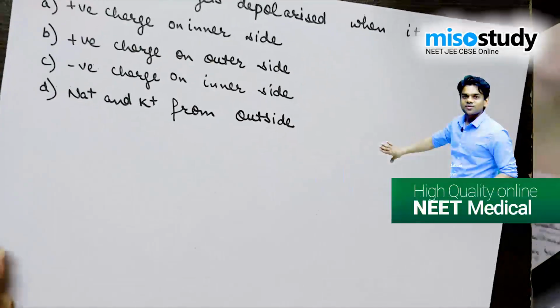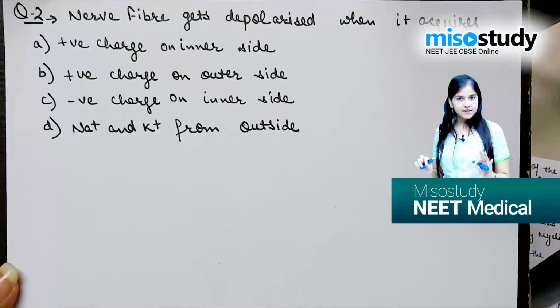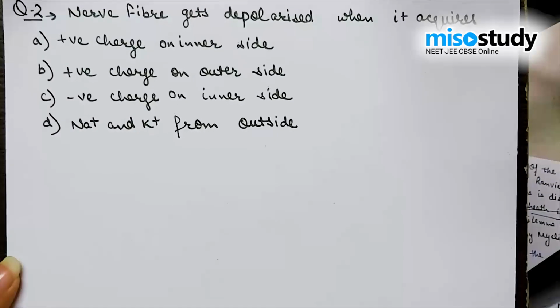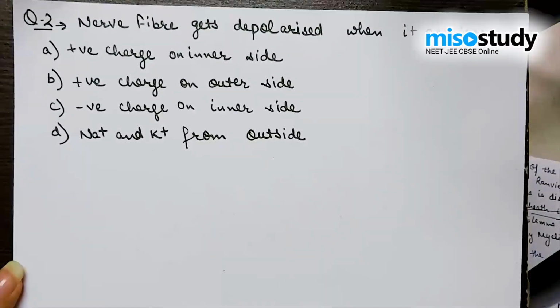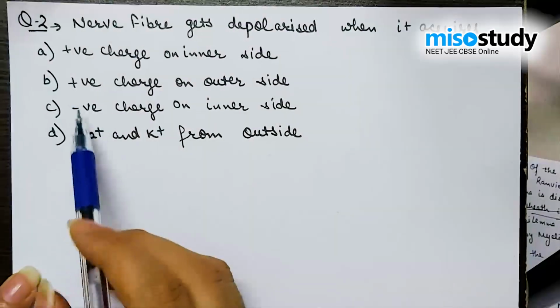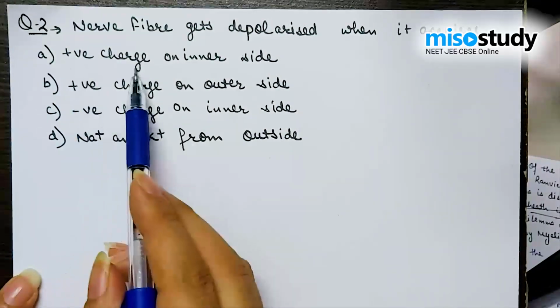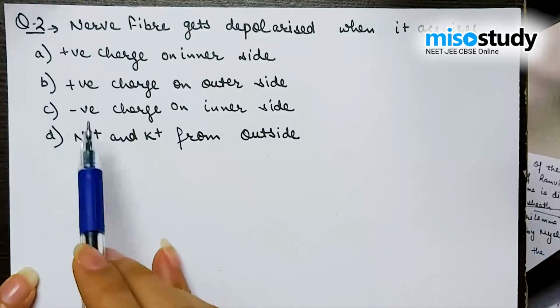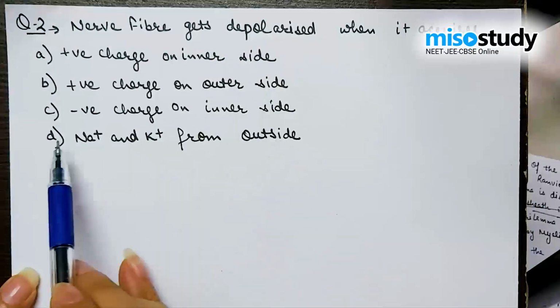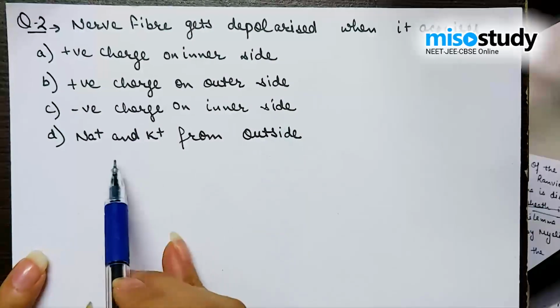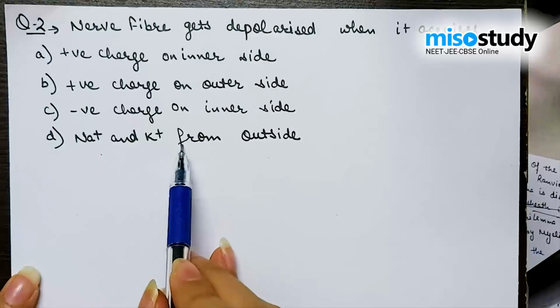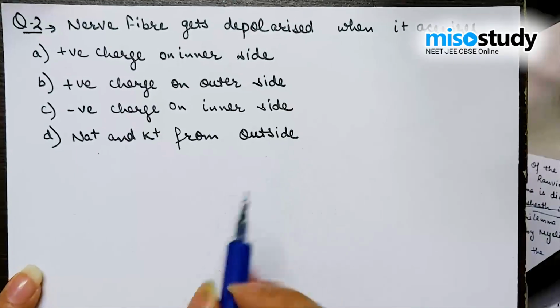The next one is: a nerve fiber gets depolarized when it acquires. The mentioned options are: positive charge on inner side, positive charge on outer side, negative charge on inner side, Na plus and K plus from outside.